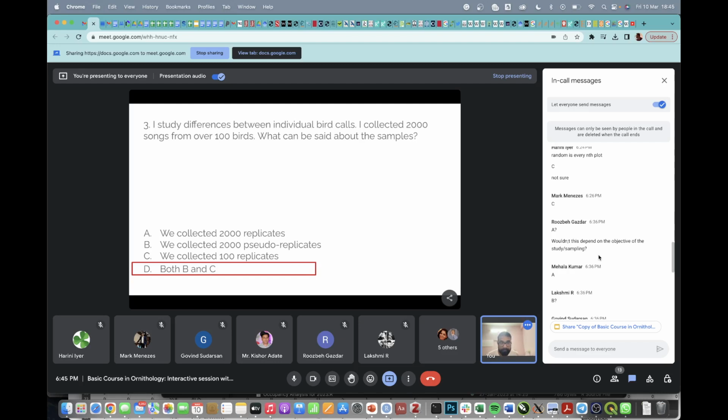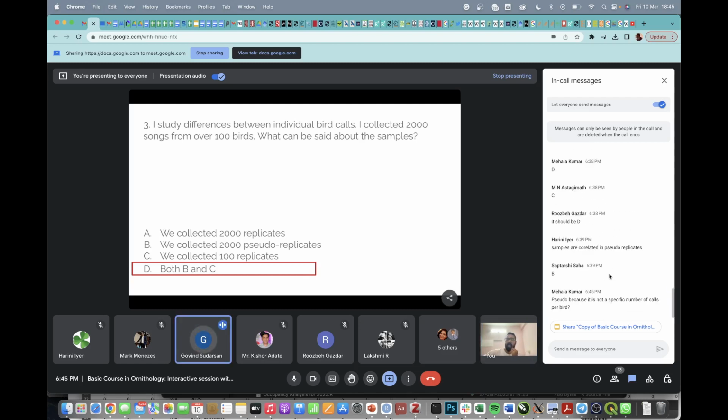I would say something like 19 pseudo replicates per bird, because it is not a specific number of calls per bird. Yes, sir, the first call recorded from a bird is the replicate, the rest are pseudo replicates. Assuming it was all done evenly, 20 per bird, that would be 19 pseudo replicates per bird, right, sir? Yeah, that would mean 1900 pseudo replicates.